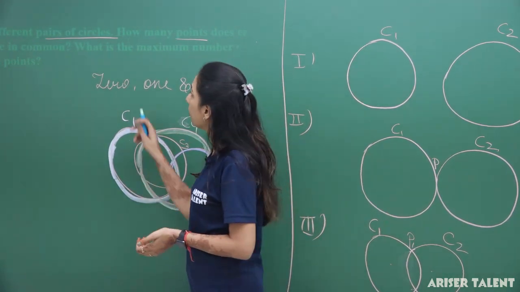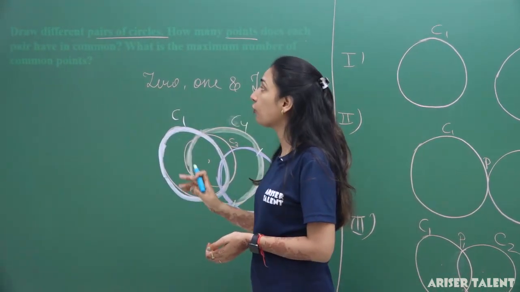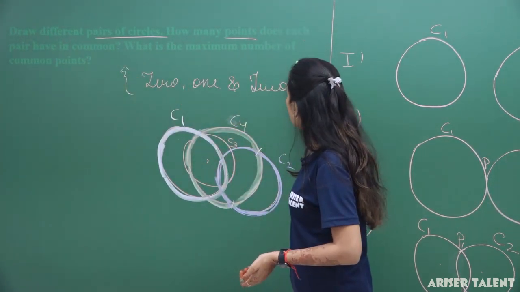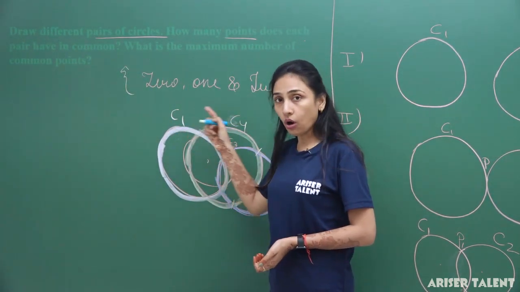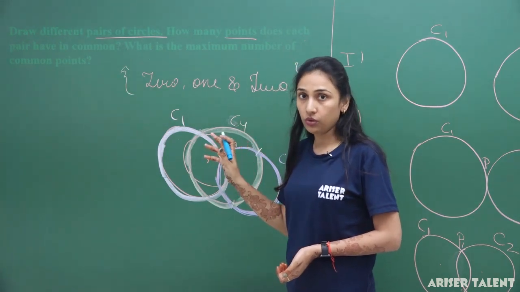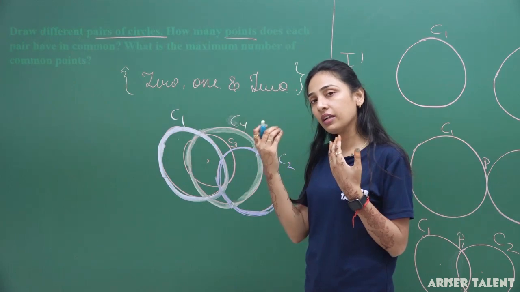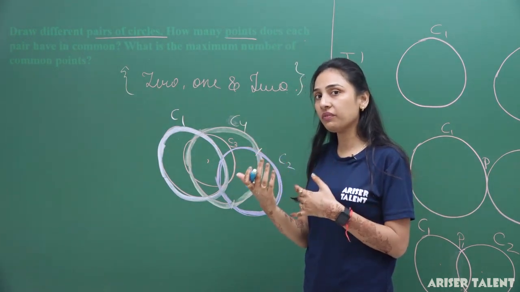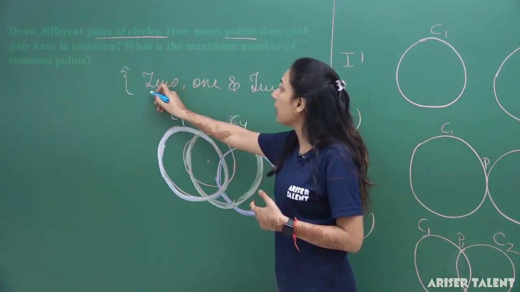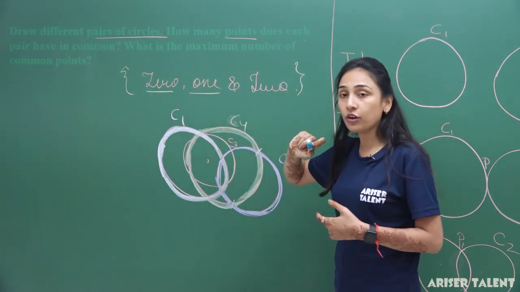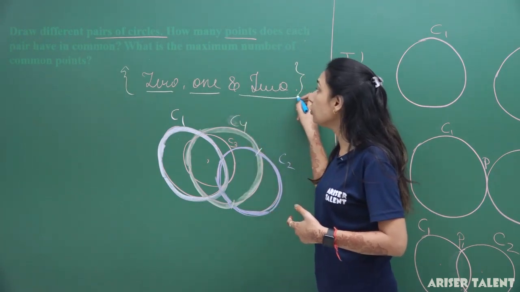Okay, now if I talk about this, what is the maximum number of common points? So simply, these are the number of common points in all the situations we can have. When we are having a pair of circles, either we are having 0 points of contact, or 1 common point, or 2 common points.